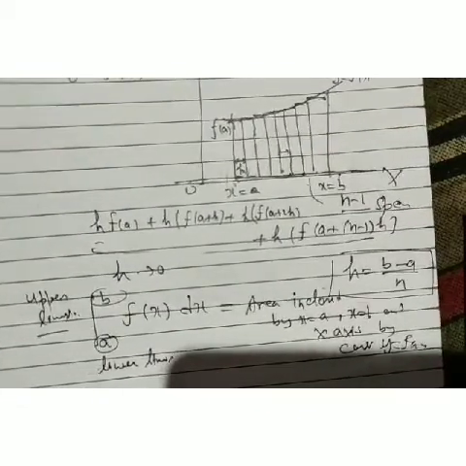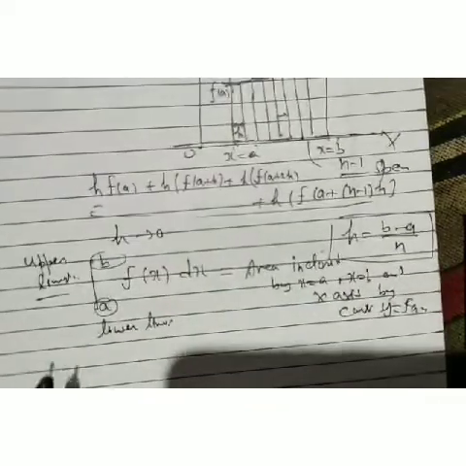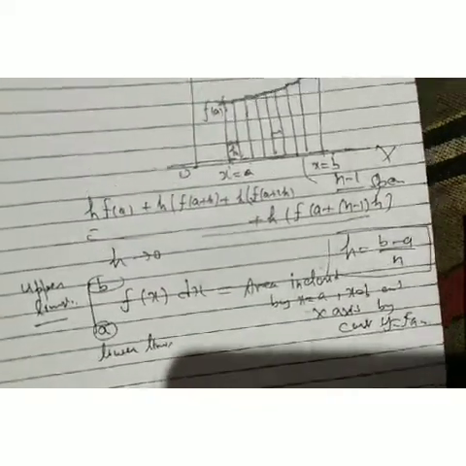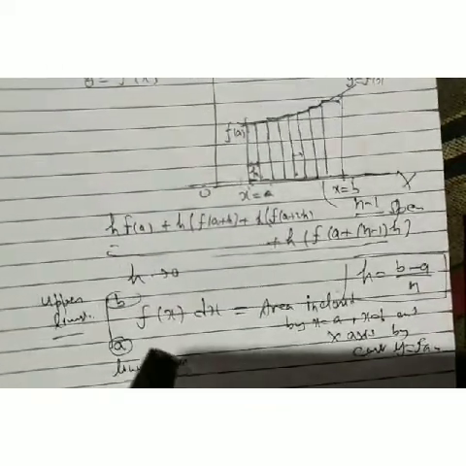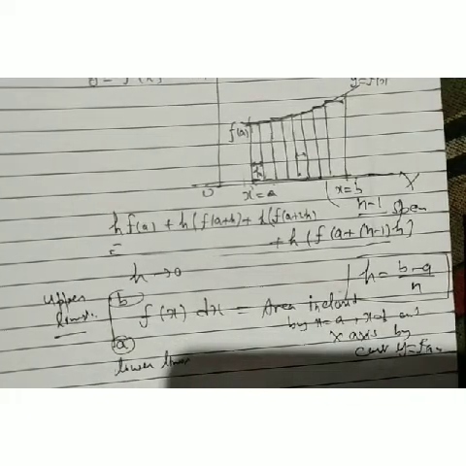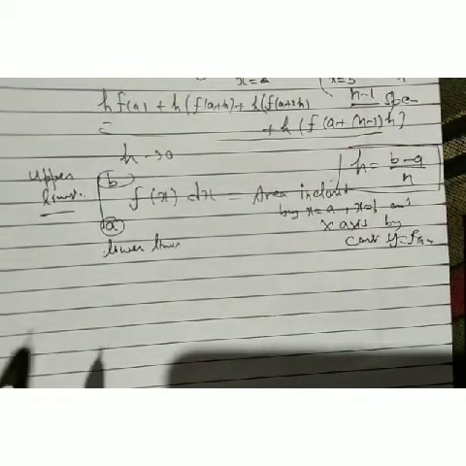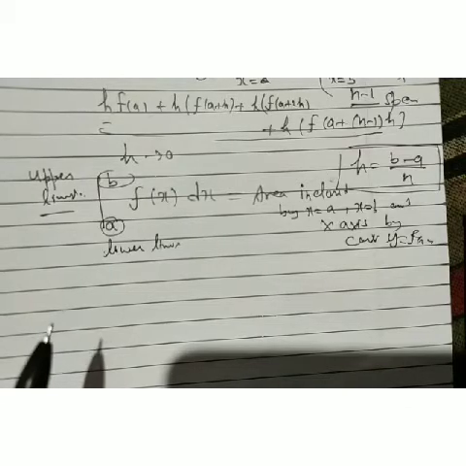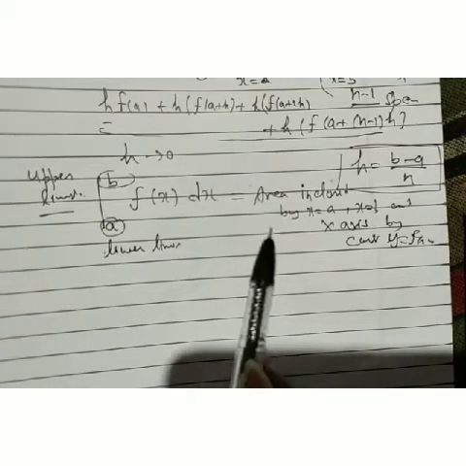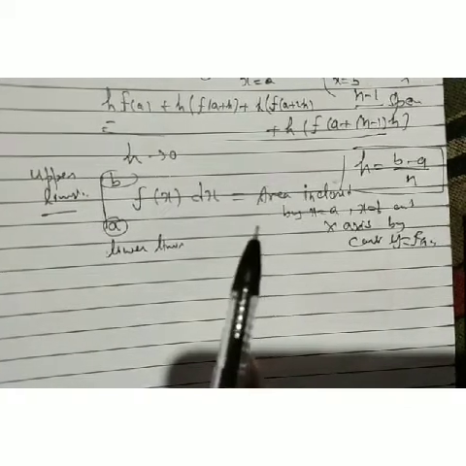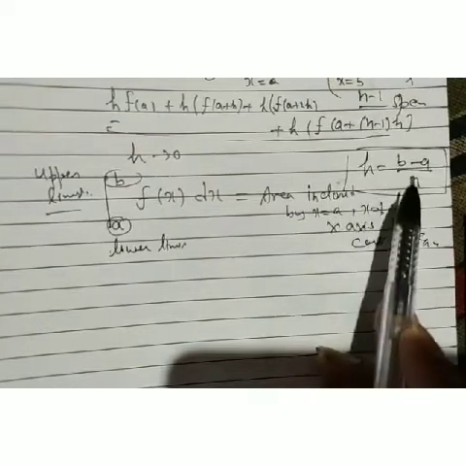We have only discussed the definition of the definite integral as a limit of a sum. Let f(x) be a single valued continuous function defined in the interval a, b, where a is less than b, and the interval a, b is divided into n equal parts, each of length h, so that h is given by b minus a by n.